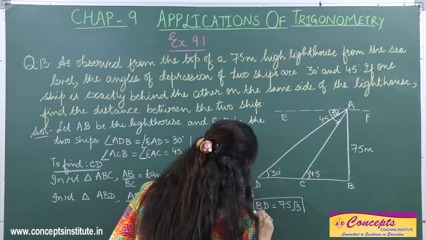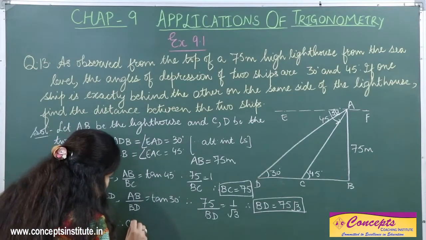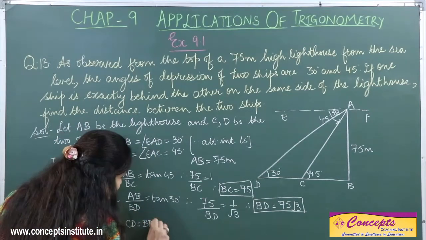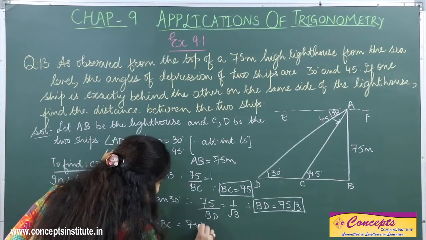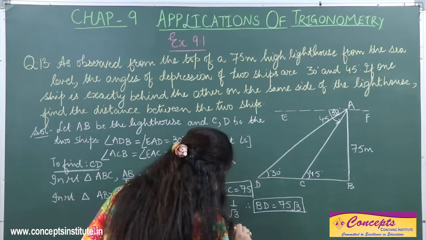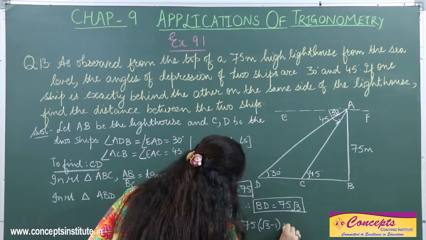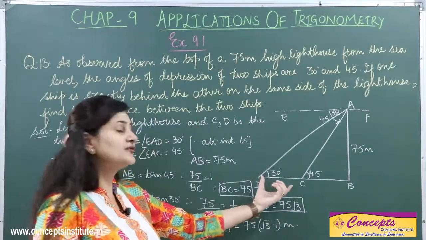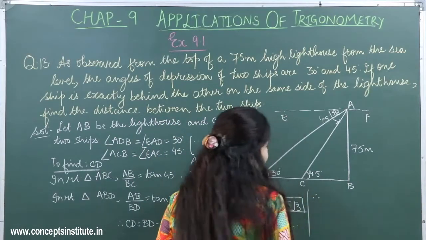Now I have to find out CD. So what would be CD? CD would be BD minus BC. So that would be 75 root 3 minus 75. That means, if I take 75 common, it would be 75 into root 3 minus 1 meter. So we have already found out the distance between the two ships, but we have to write the final answer properly.